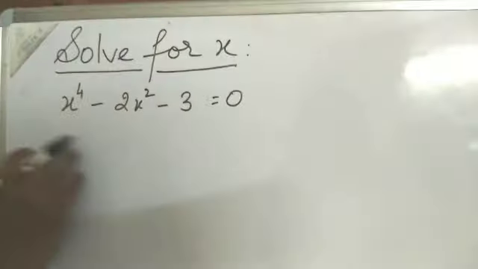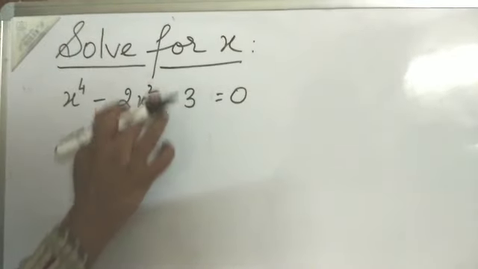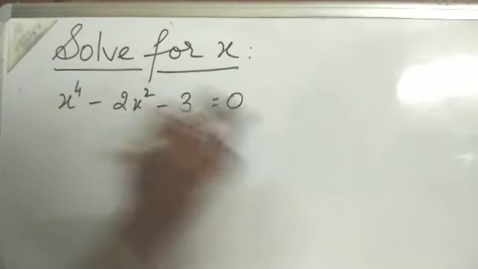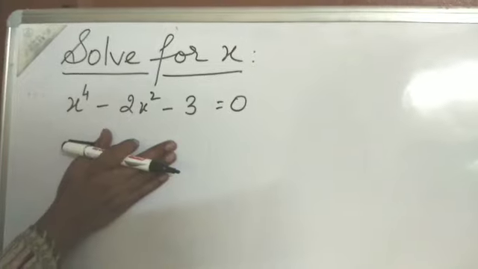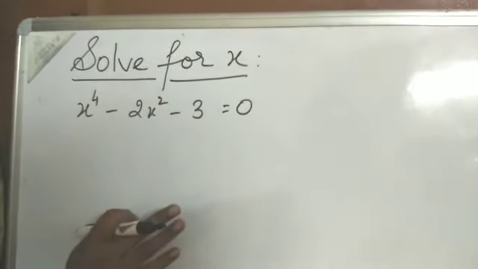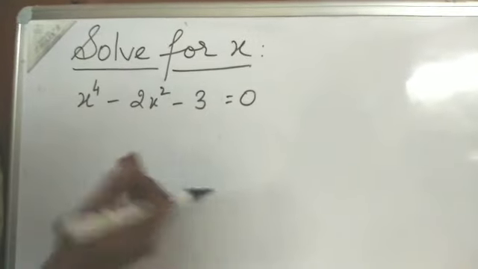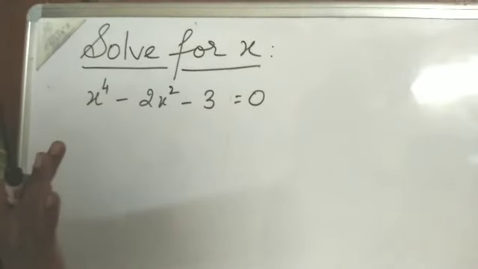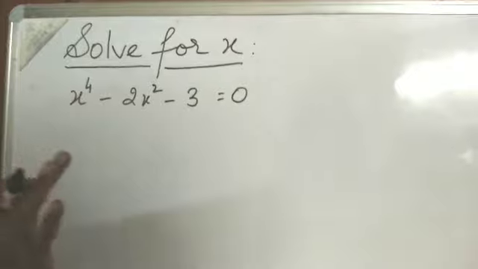Now solve x power 4 minus 2x squared minus 3 is equal to 0. In this question, we can use either formula or we can solve it without formula. Okay.